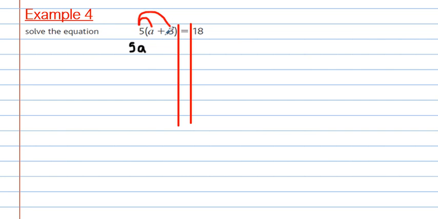And 5 times 3 is 15. Like I said, watch out. The often common error there is students who might say 5 plus 3 is 8, or they forget to multiply it. Okay. And we have 18 on this side.